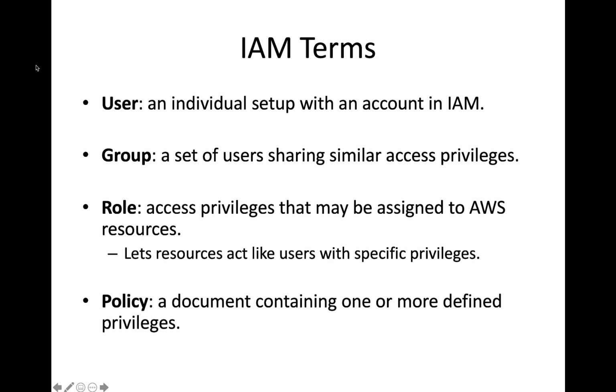And that might not be real clear right now, but as we progress in this course, that will begin to make more sense. A policy is a document that describes the privileges that a user or role has. So a policy is a document that contains a policy language that specifies what is allowed and what is not allowed from a user or a role perspective.